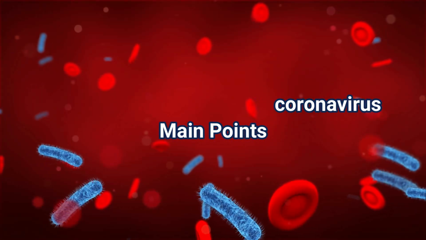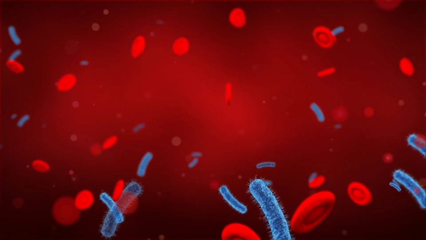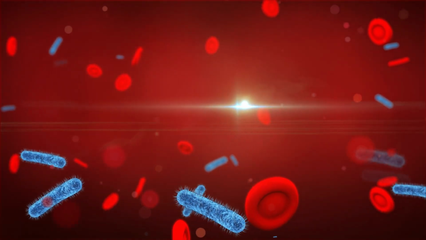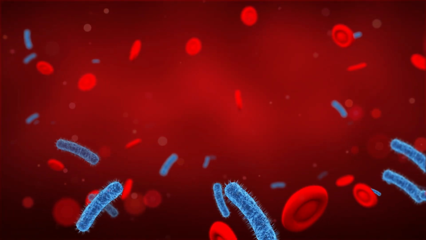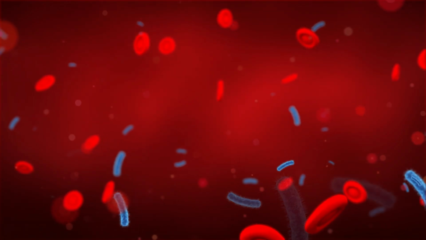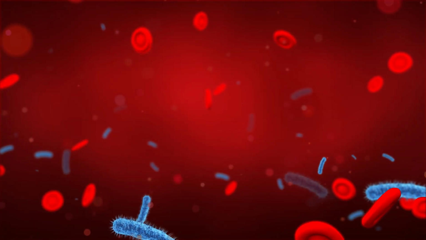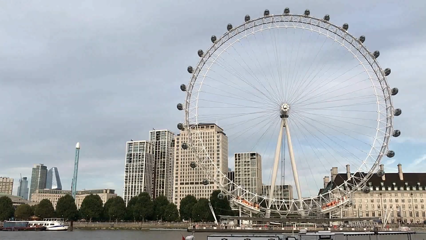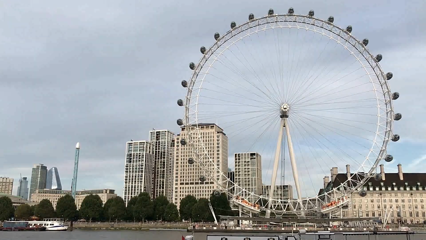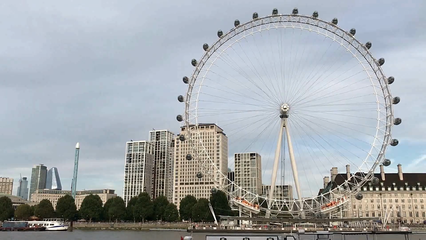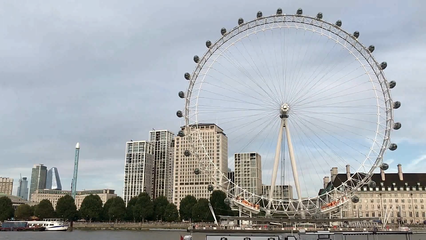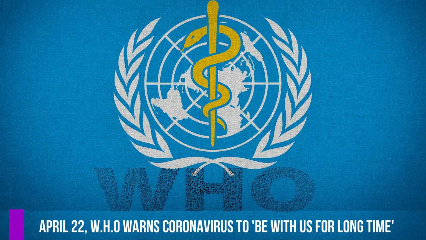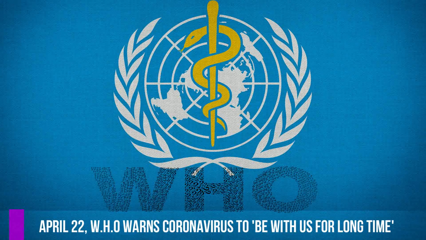April the 6th, UK Prime Minister Boris Johnson was moved into intensive care. April the 18th, Spain's death toll surpassed 20,000. April 22nd, Pope Francis urged Europe to remain united in overcoming the effects of the coronavirus. April the 22nd, the WHO said it wants coronavirus to be with us for a long time.